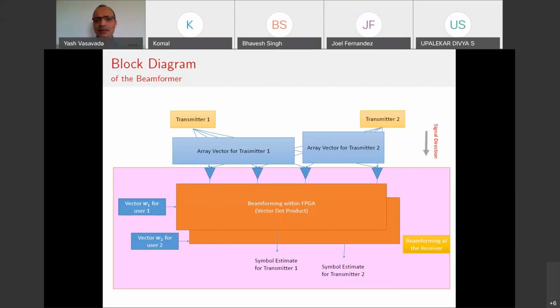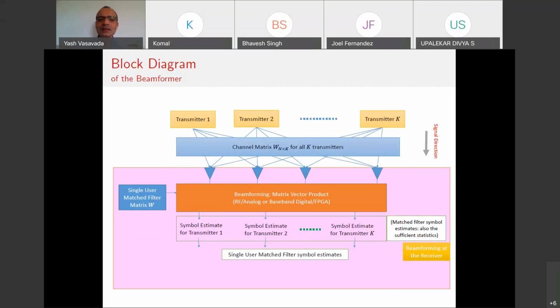Now we can say that, well, maybe not 2, but maybe we have capital K users to generalize this. Then we can further make this diagram look a little more organized and just write it like this. So it's just the same diagram as before, where instead of 2 transmitters, I have a generalized number of capital K transmitters.